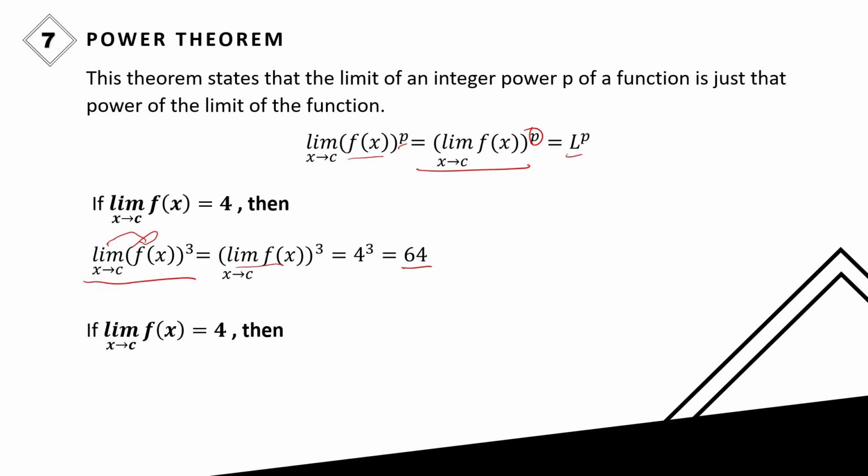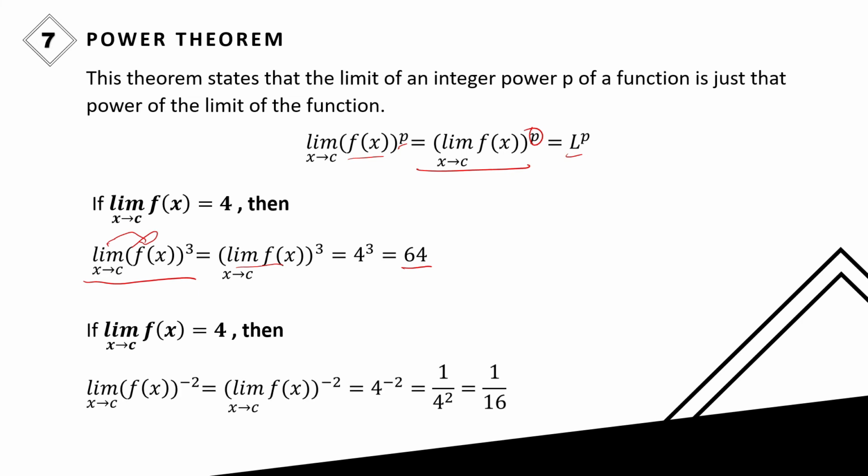And also, we have here, if we also have the same 4, and yun naman, negative yung exponent natin. Like, we have the limit of your f of x raised to negative 2 as x approaches c. And again, ipapasok ulit natin yung limit as x approaches c para maging part siya ng ating exponent. So, magkakaroon tayo ng 4 raised to negative 2.